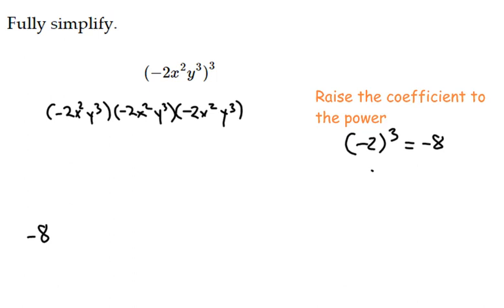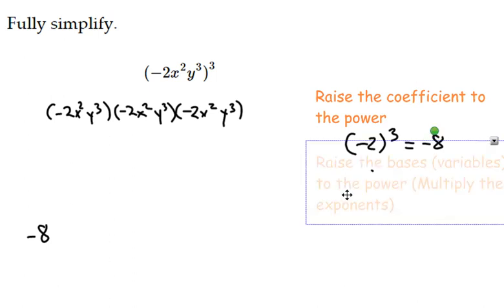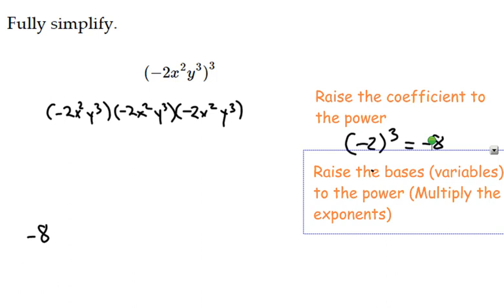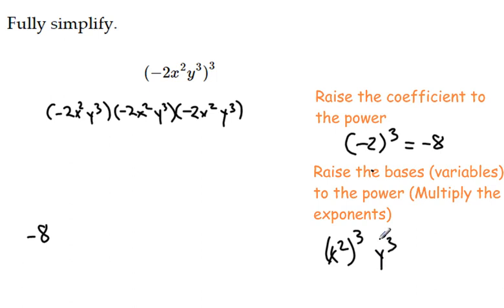Then the next step is to raise the bases to the power. So we're going to do x squared raised to the third power, and y to the third raised to the third power. And it says multiply the exponents.